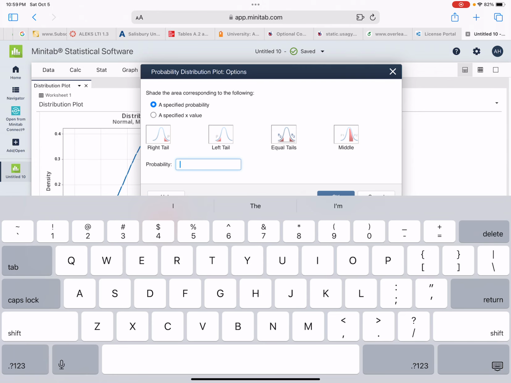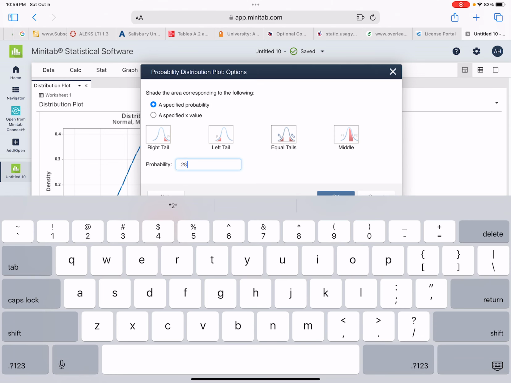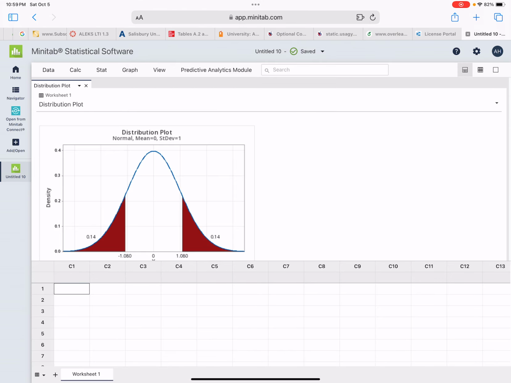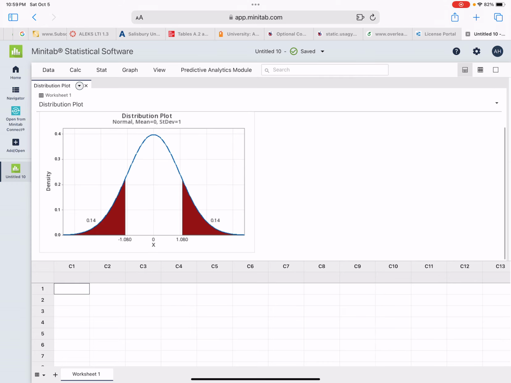Note that they have P/2 and P/2 right there. So I believe what they want us to say here is 0.28. It's the outside probability. So let's see what they give us right here. Oh, that's 14, yeah. So you see how it gives us that z-score 1.080? That's going to be our answer.